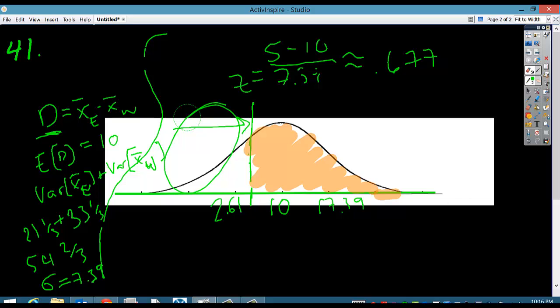Okay, well, hold on a second. Something went wrong. Okay, well, of course, I messed up the sign. This is negative, so this should be negative, which means that this area right here is 0.2483, and so what we really want is the complement of that, so my probability is 0.7517.